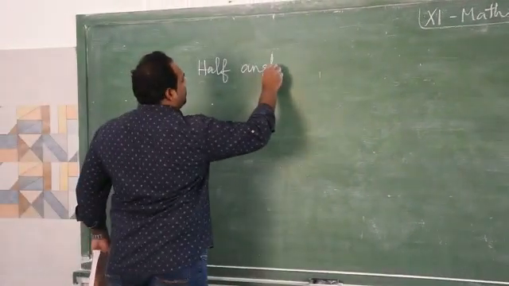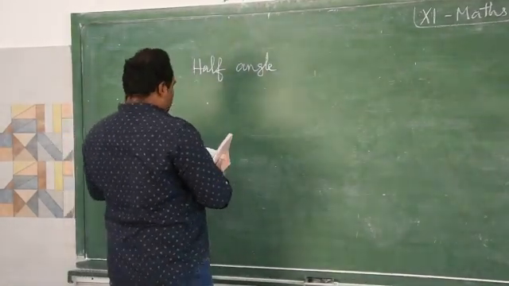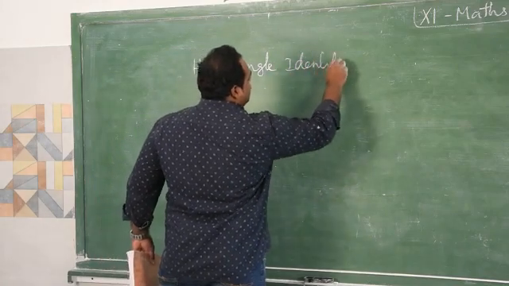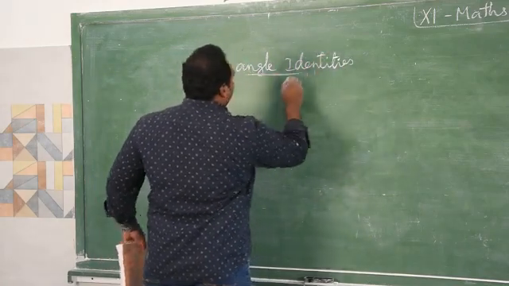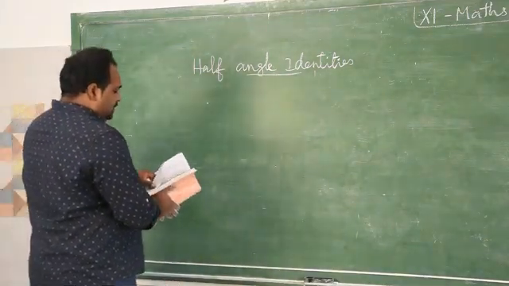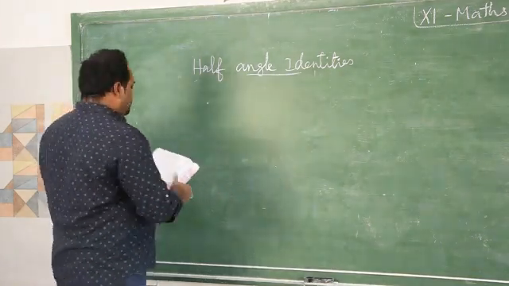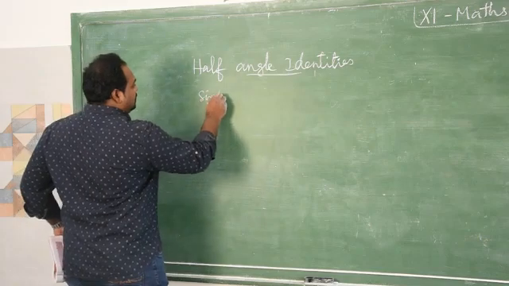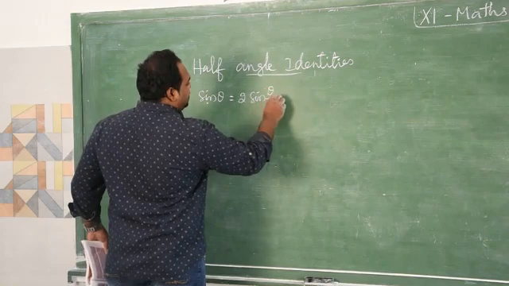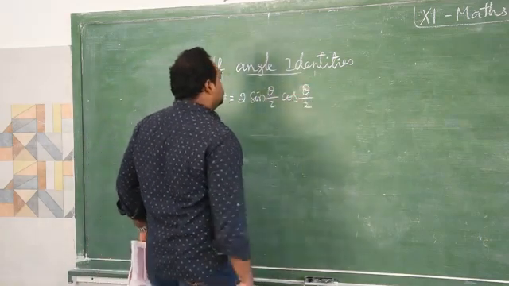Next, half angle identities. We have some identities for sin and cos and tan. For sin, sin theta can be written as 2 sin theta by 2 cos theta by 2.